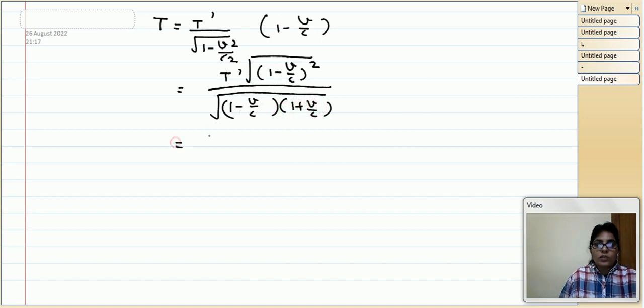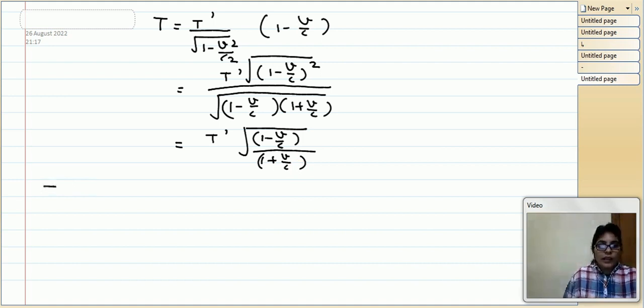So this is equal to T dash into under root 1 minus V by C, and then divided by under root 1 plus V by C. So this is our equation, that T dash is equal to T into under root 1 plus V by C divided by 1 minus V by C.